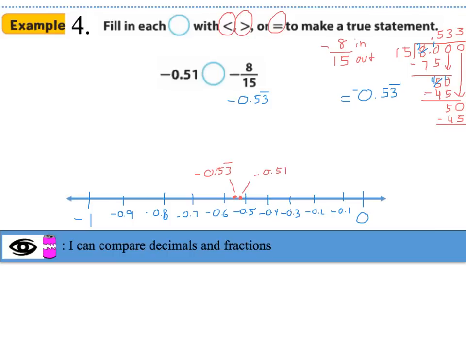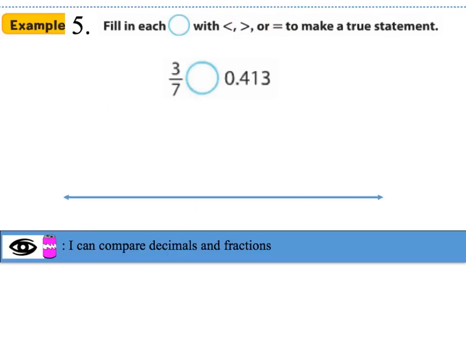I know that negative 0.51 is larger because it's closer to 0. So my statement would be negative 0.51 is greater than negative 8 over 15. Or I can write it like this: negative 8 over 15 is less than negative 0.51.